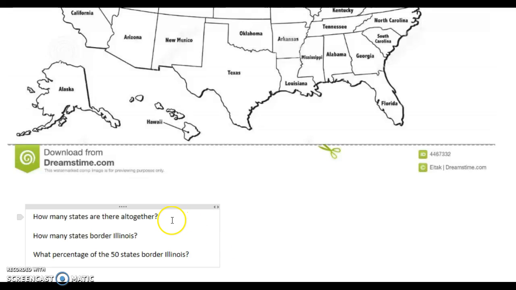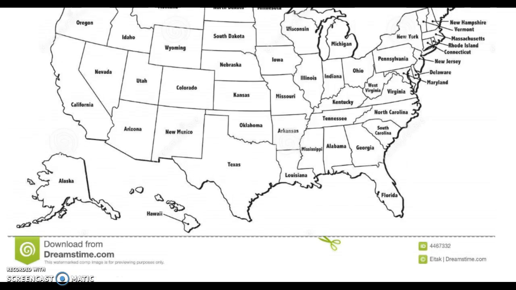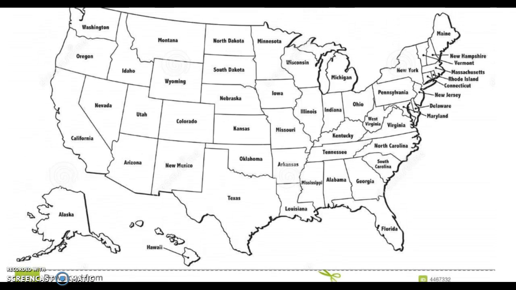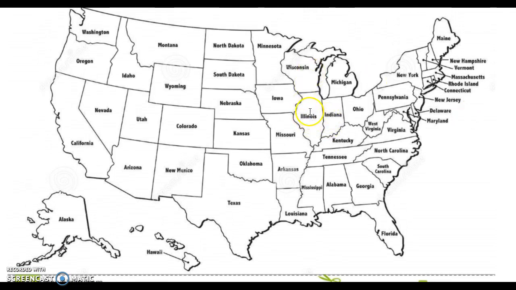So first of all, I asked how many states are there altogether. Okay, there's 50 states. Let's do this as a practice question, actually. I don't think this one's on your worksheet. It says, how many states border Illinois? So when they say border, they mean like actually physically touch Illinois. So here's Illinois. So I see Wisconsin, Iowa, Missouri, looks like Kentucky touches it down here.